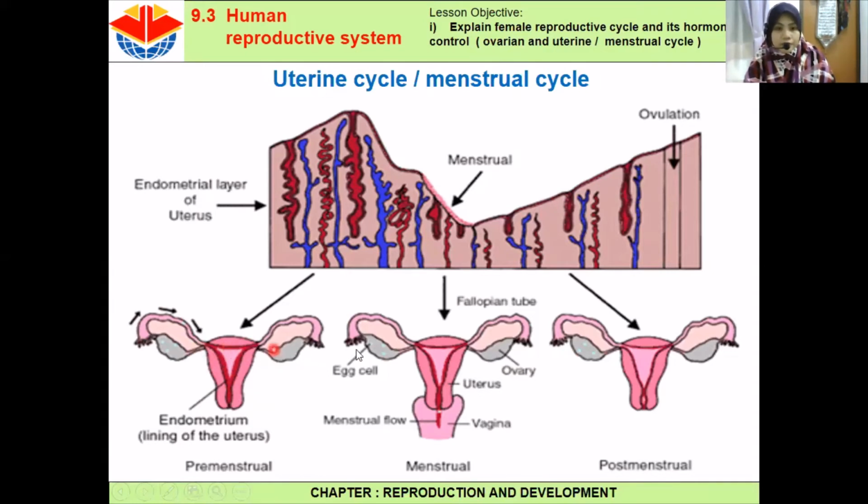So from this diagram we can look that there is a phase where endometrium wall is very thick. There is a phase di mana endometrium wall itu meluruh ataupun shed off. Ada juga keadaan di mana endometrium wall itu masih lagi dalam keadaan nipis ataupun thin layer of the endometrium wall.